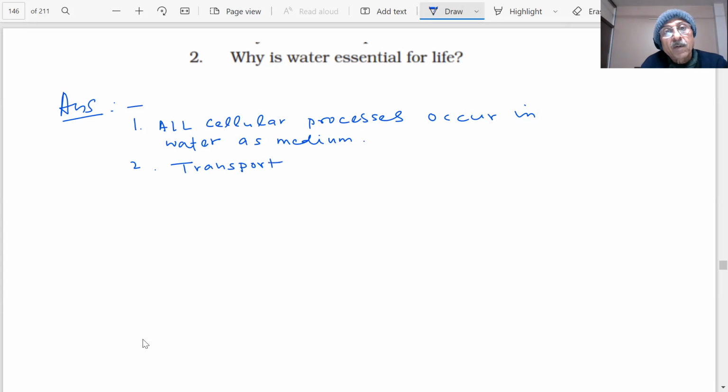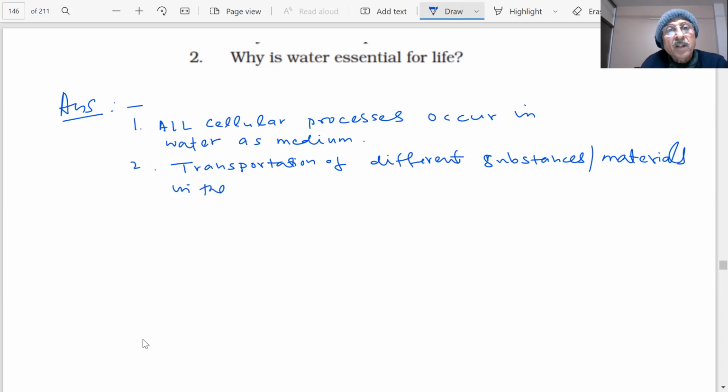Transportation of different substances, materials in the body takes place in water. Next, in our everyday life, what are you doing?